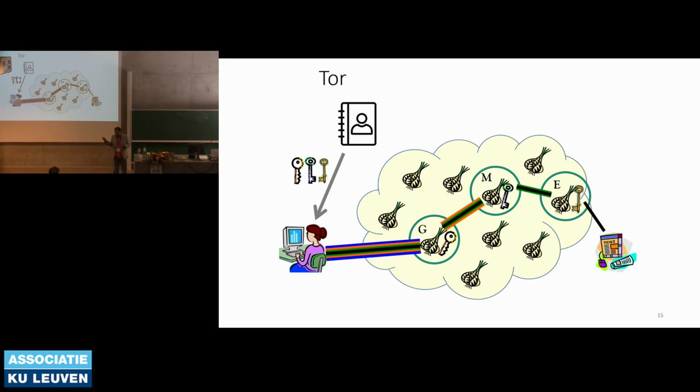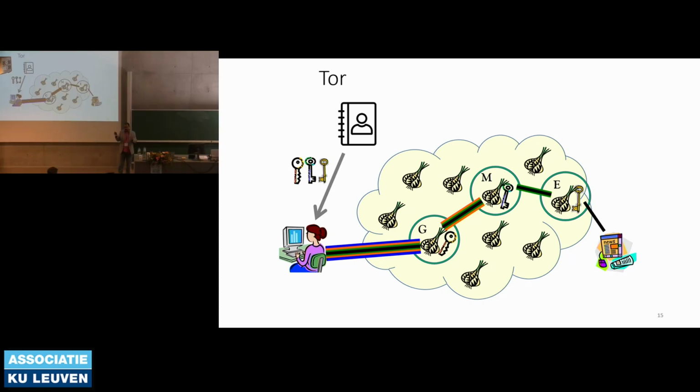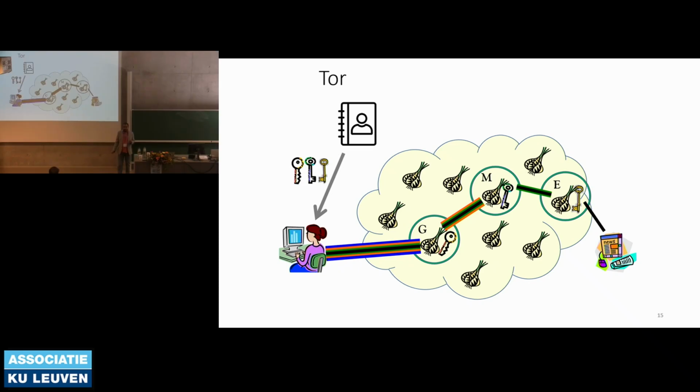For example, you probably need to have some lawyers with you always if you're acting as an exit node. Or to become a guard node, you need to have some kind of bandwidth requirement. That means if you can act as a guard node, you can technically act as a middle node as well, but probably you don't want to, but you can. So it's not strictly stratified. I would call it stratified if you had such strict layers, but logically yes. Does that answer your question? Any other questions?